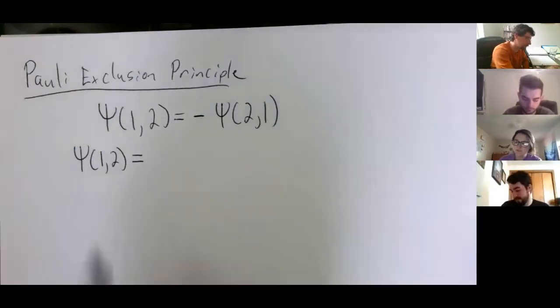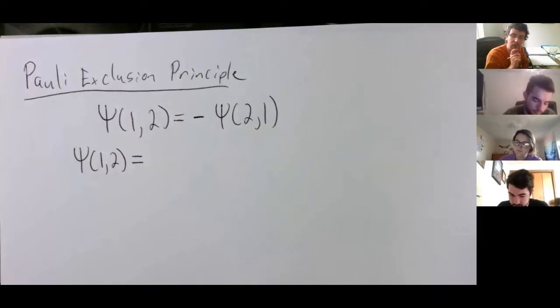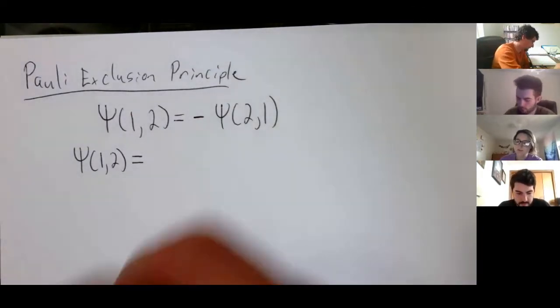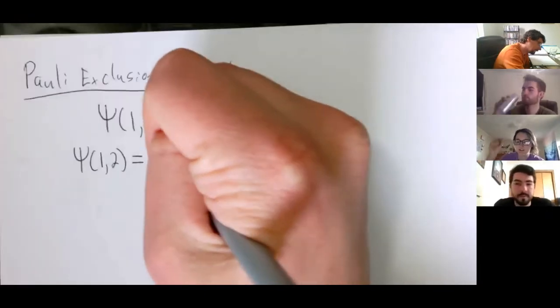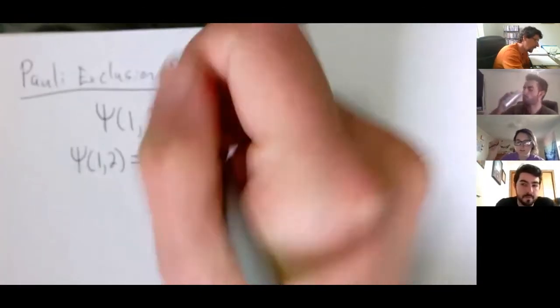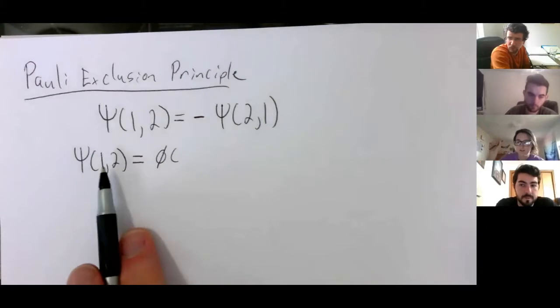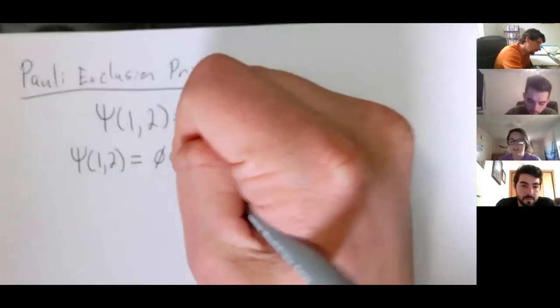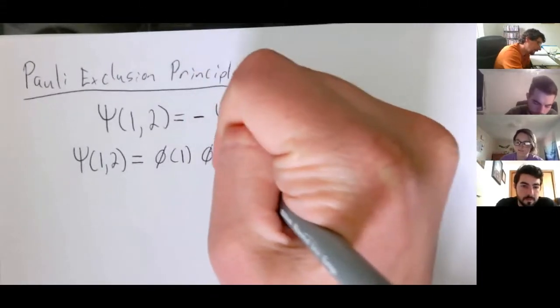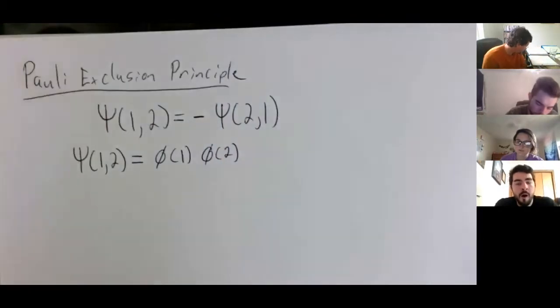What does the orbital approximation say? How are we going to express this wave function? It would be the product of orbitals, with the electron labels 1 and 2. Okay, but we're going to be looking at helium.